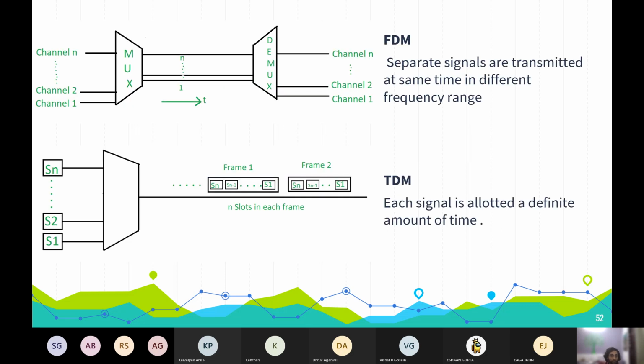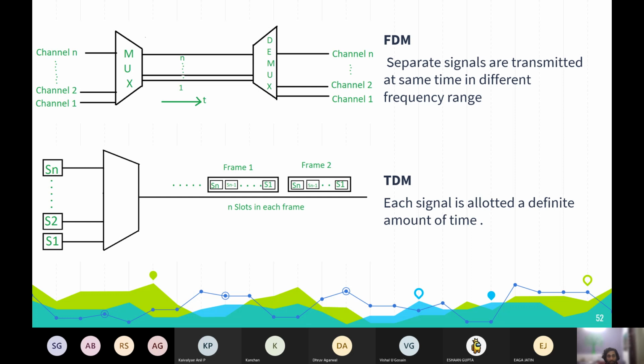To summarize, we have a channel. Channel is basically the bandwidth range, like 5 kilohertz, we can say. So we use a mux. While transmitting, we divide the channel into a lot of parts, and transmit it to the channel, and then it is decoded on the other side.